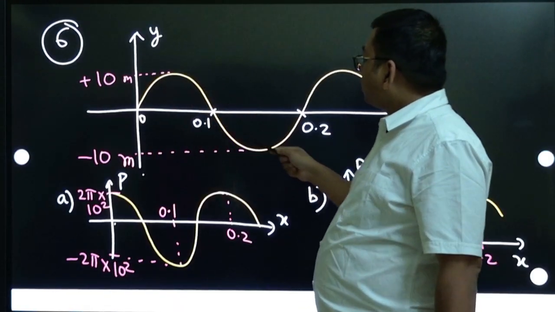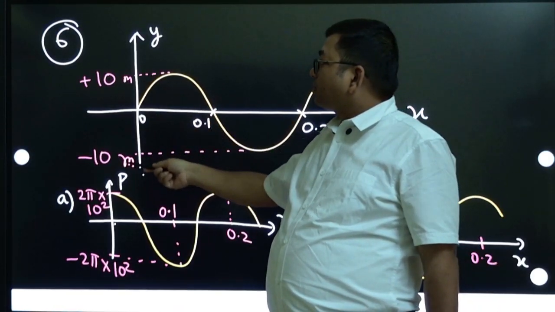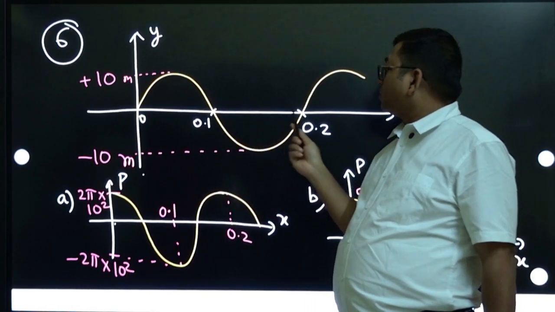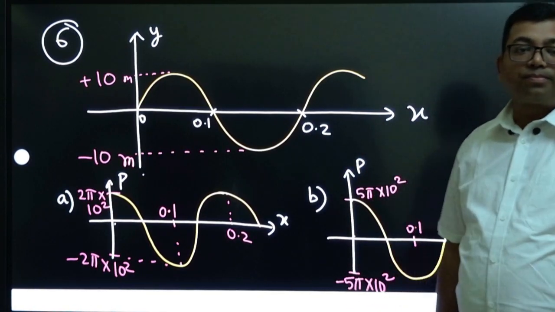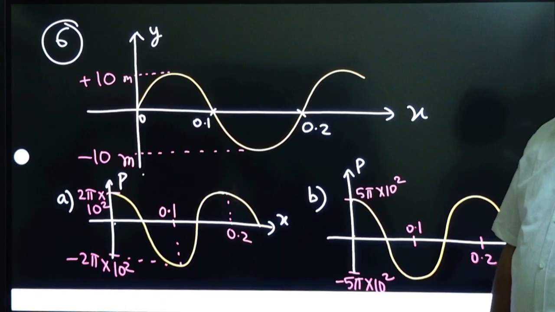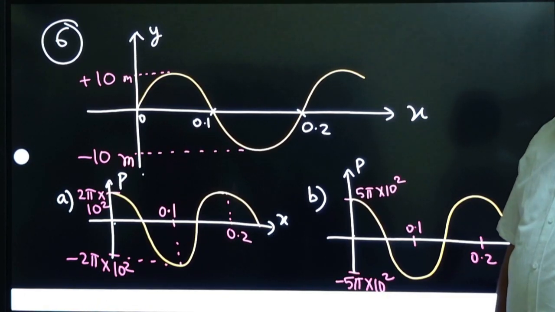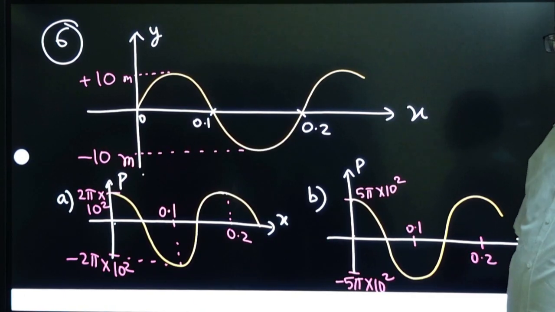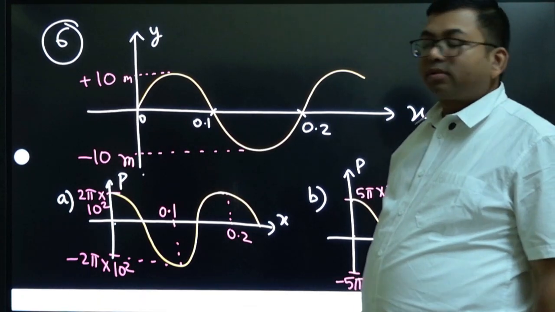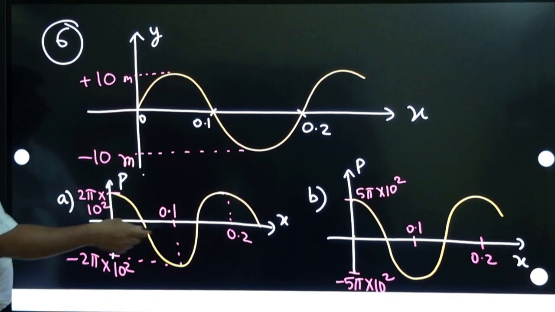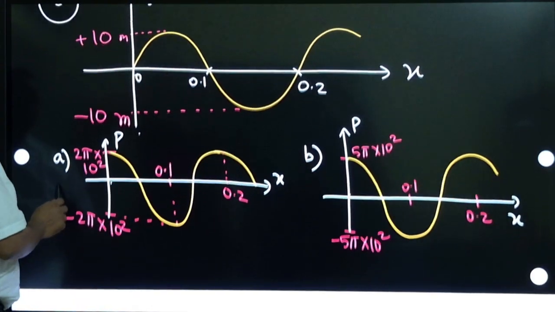This graph is sinusoidal, with plus 10 and minus 10, and this 0.1, 0.2, like that it is going. Done? Then I will draw the other options also.